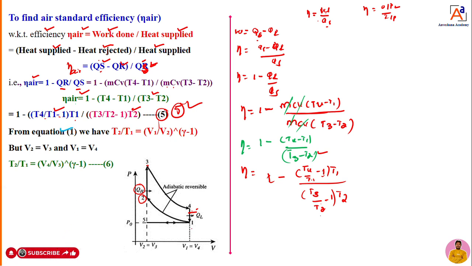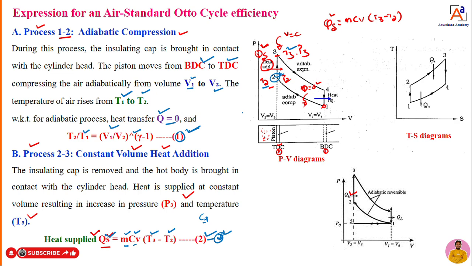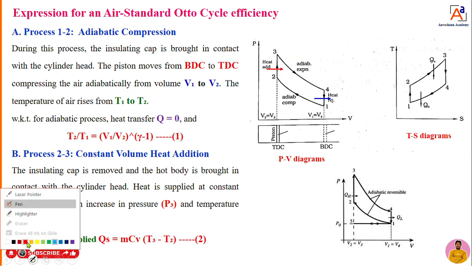What is equation number 1? While adiabatic compression, the variation of temperature with volume, we wrote one equation. What is that equation?